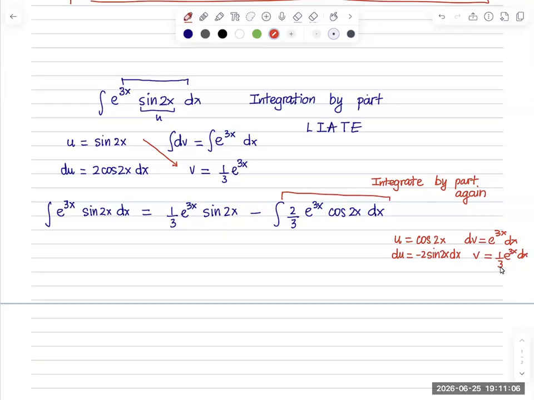So I will have uv, which is 1/3 e^3x cosine 2x, minus, but there's a negative right here, so that becomes plus 1/3 e^3x times 2, so it's gonna be 2/3 integral of e^3x sine 2x dx.